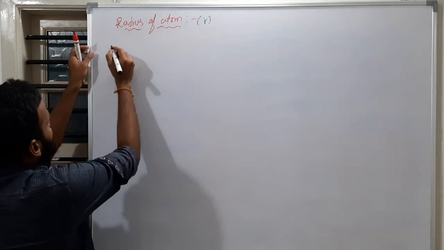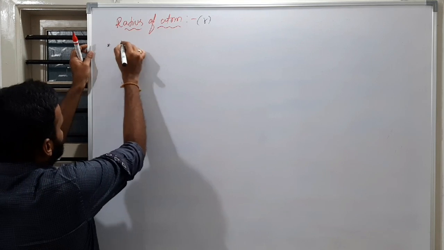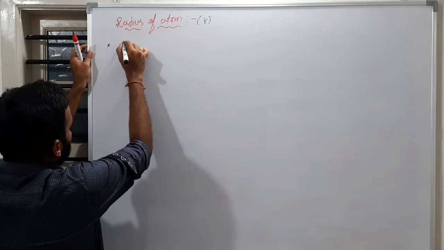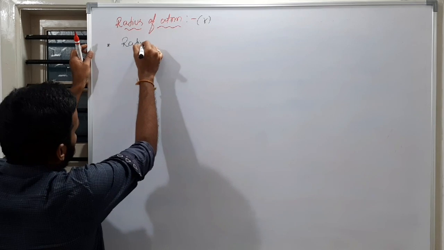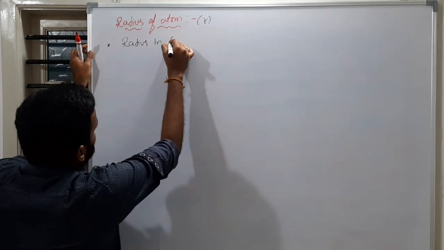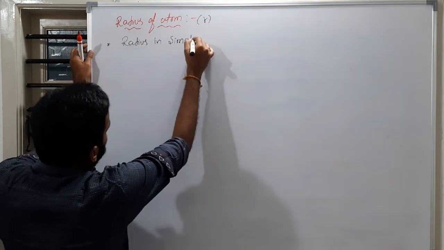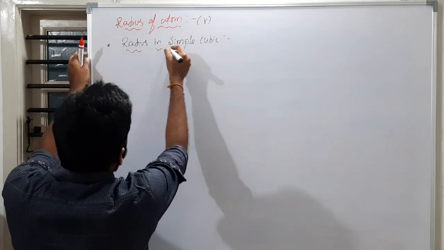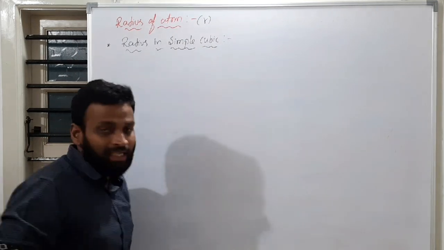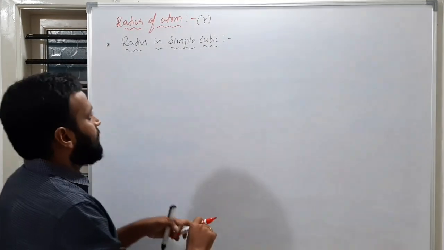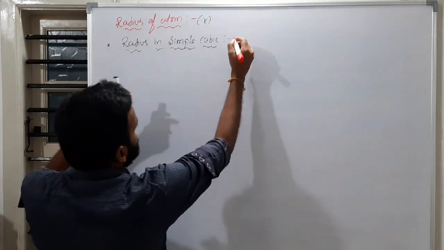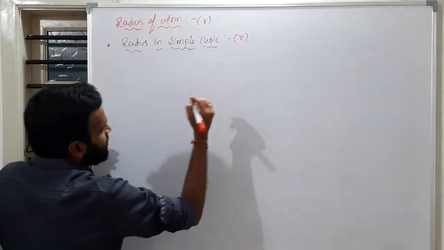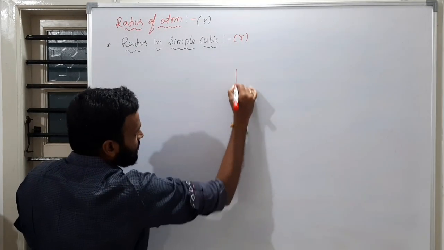So first we will discuss the radius in simple cubic. How atoms are present, you know this.